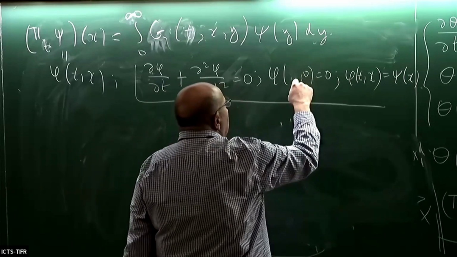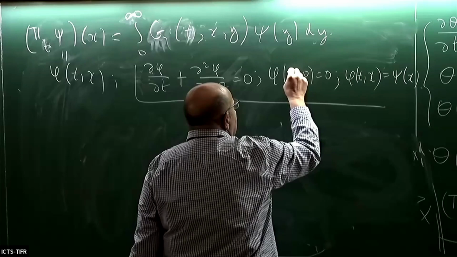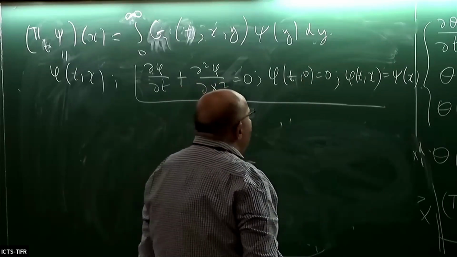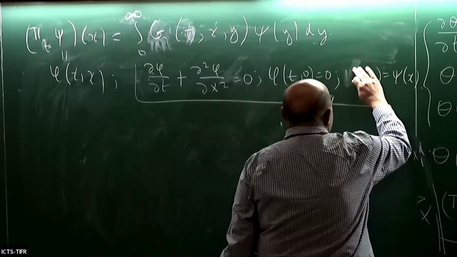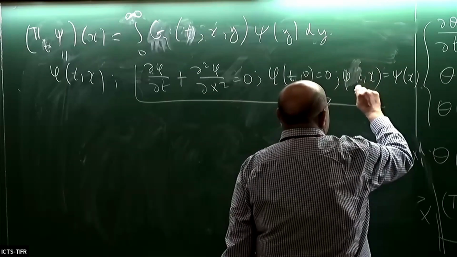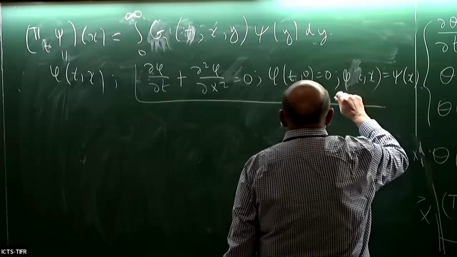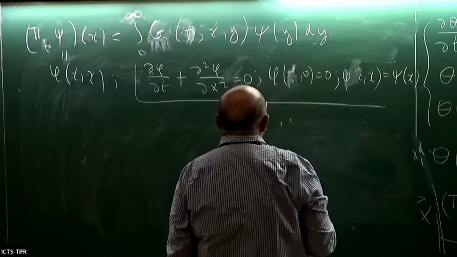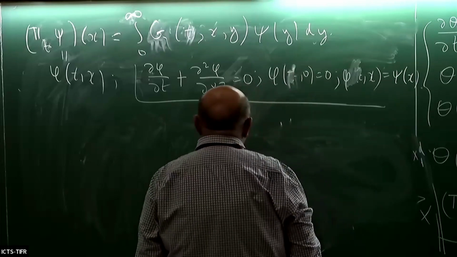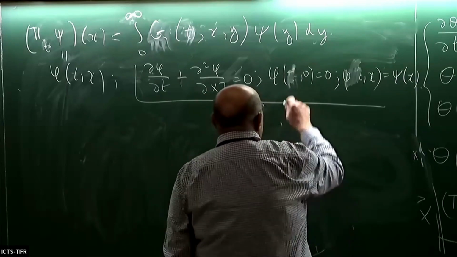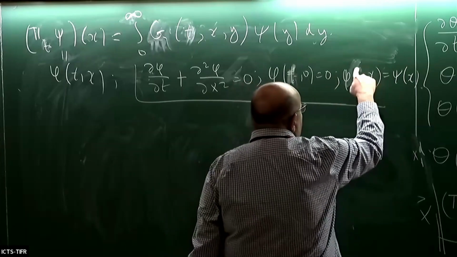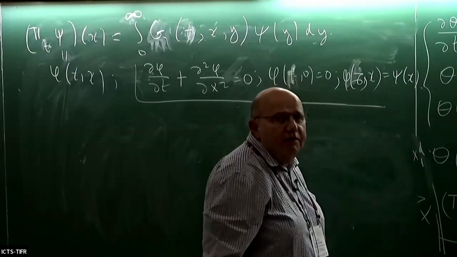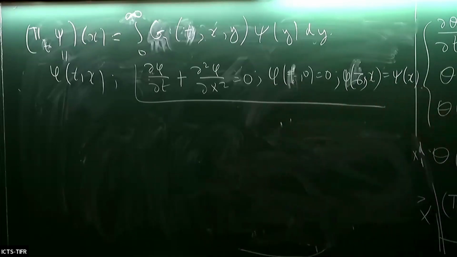Phi of t, 0 is equal to 0, and phi of tau, x. Here it was 0, in fact it was a mistake. Now it will become phi of tau, x is equal to psi of x. That's the backward problem.